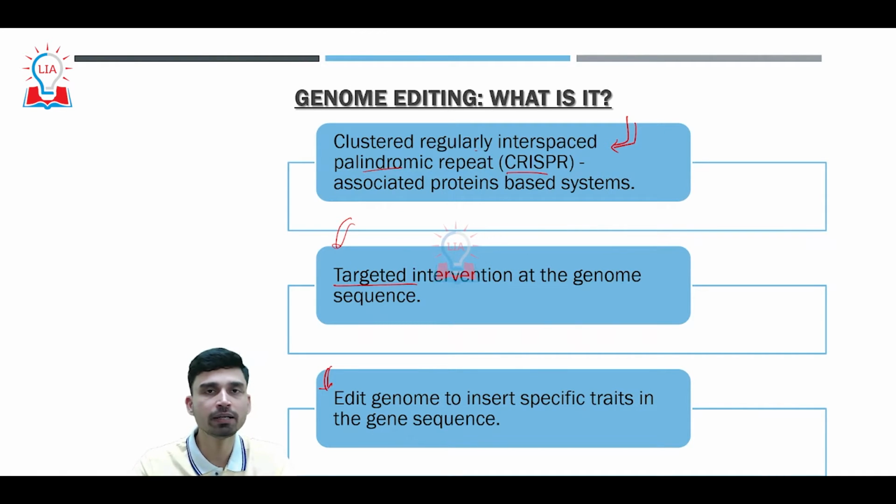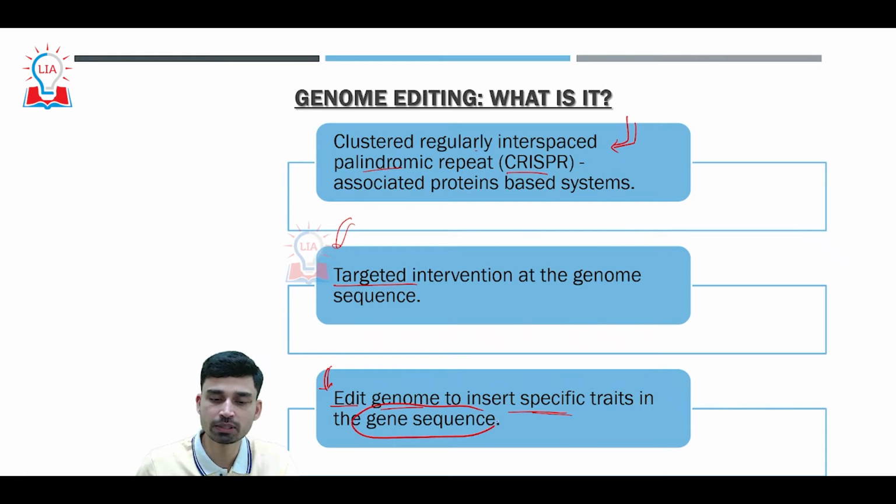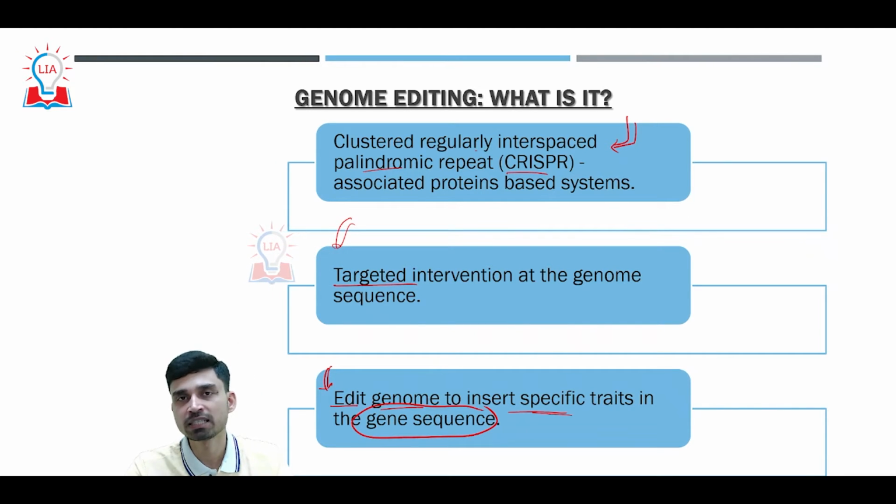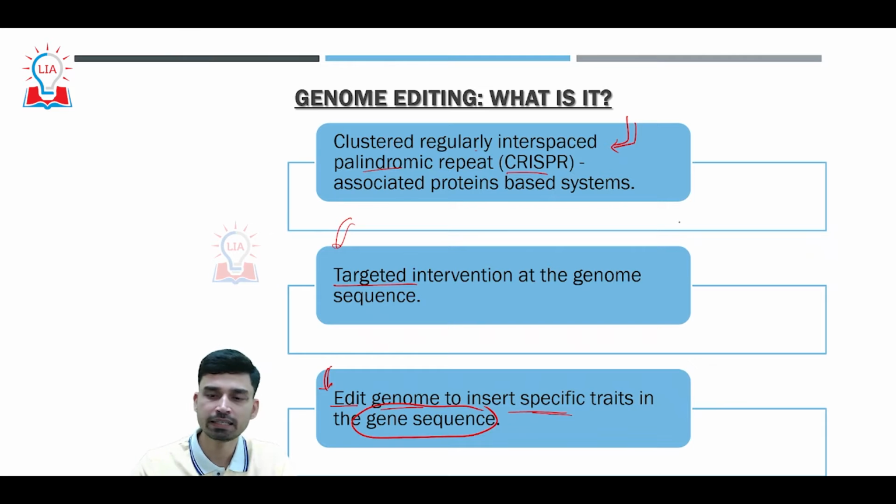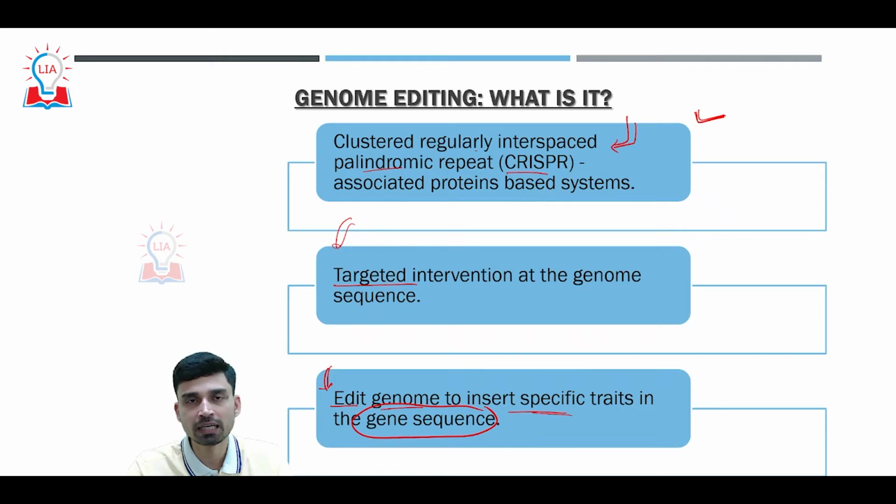The main advantage of this genome editing technique is that it can be used to edit the genome so that specific traits can be entered into the gene sequence. Especially for plant varieties, scientists want to provide the plant DNA with certain traits that are not naturally present in the plant.